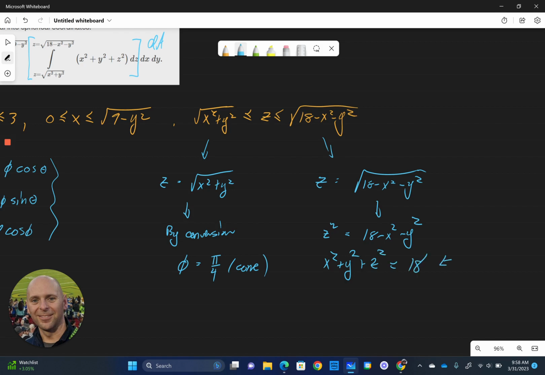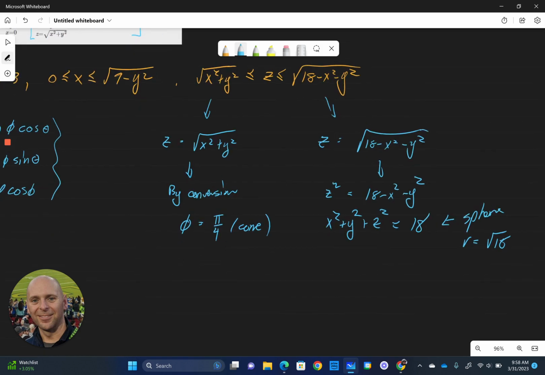So this is just a sphere. We should recognize that from rectangular coordinates. And the radius there is equal to the square root of 18. So its spherical representation would just be rho equals the square root of 18, or 3 square root 2 in simplified form. So that one we've got now is a sphere.